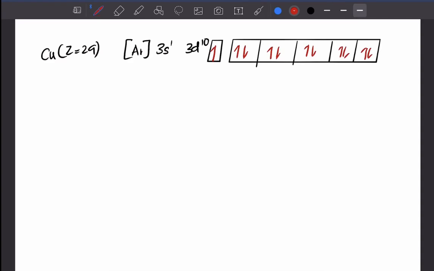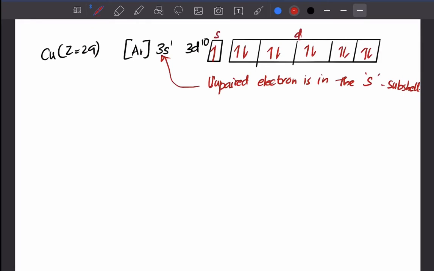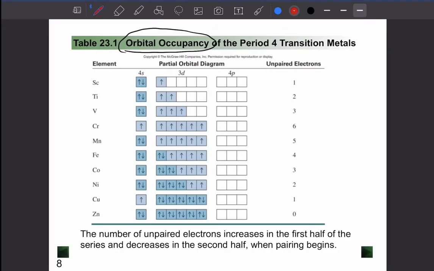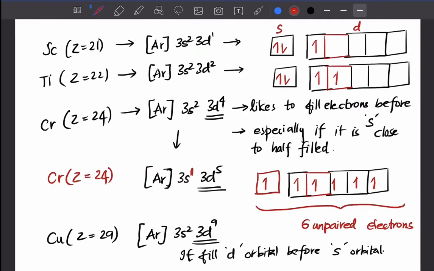So the idea here is that in copper, the unpaired electron is in the s subshell, not in the d subshell as we think. So these are the two peculiarities I want you to notice in period 4 of the transition elements.